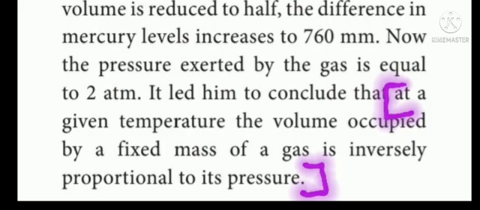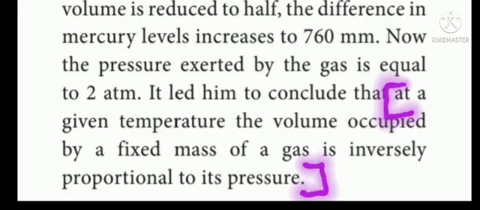From the above experiment, the conclusion is pressure increases, volume decreases. From this, Boyle concludes that at a given temperature, the volume occupied by a fixed mass of a gas is inversely proportional to its pressure. This statement is said to be Boyle's law. It is present in the last 4 lines of the paragraph.